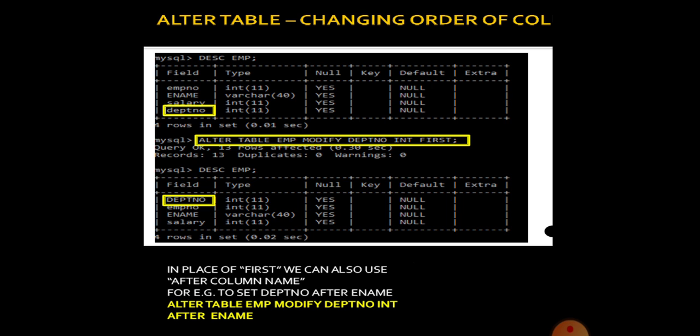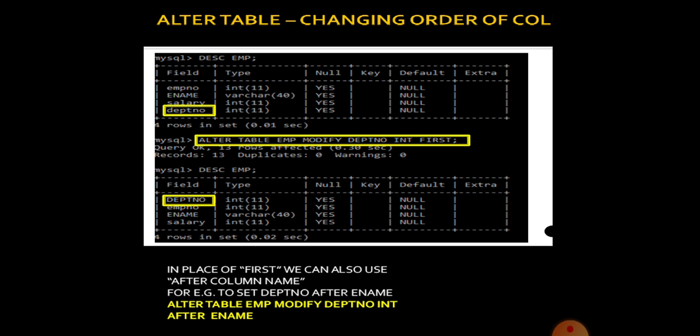We can change the order of a column. The clause used for changing the order is again modify. So, department number is residing at the last column. If we want to change its position to first, we need to give the query like alter table emp, modify department column name, the data type, and the subclause I used here is first.